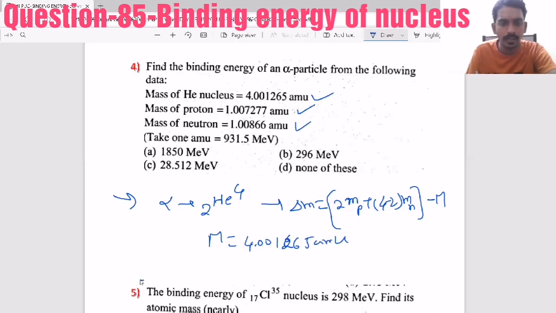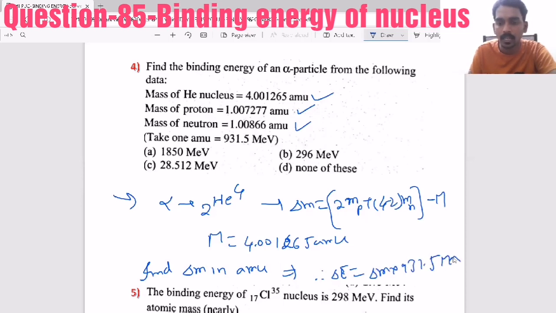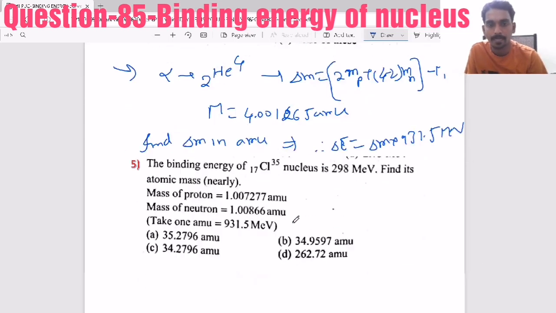Now what you have to do is find delta M in AMU. And they have given 1 AMU energy is 931.5 mega electron volt. Therefore, delta E will become delta M into 931.5 mega electron volt. So always delta M you find in AMU and multiply with 935. Or if they mention any value like this, then you substitute that value. Then you will get the binding energy.